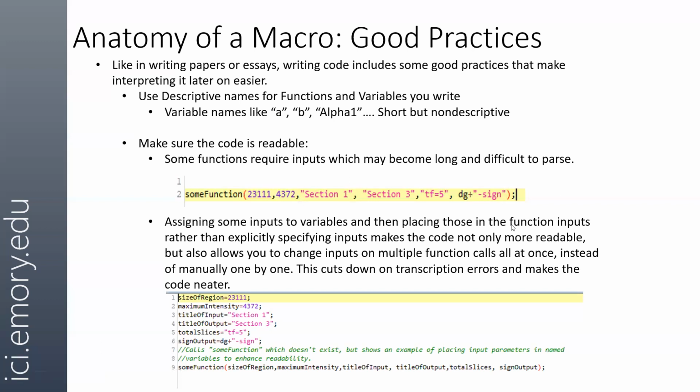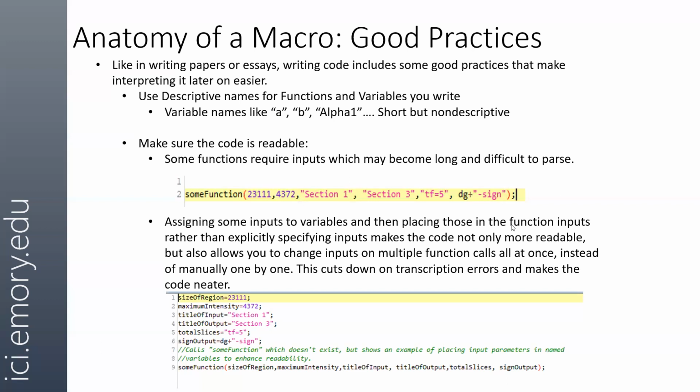And that introduces one, the danger that you will make a mistake in typing out the numbers, and two, that you might miss some instances where you've called the function and you may not have updated that data. And the result is you can get errors, or even worse, you won't get any errors, but the results will be questionable because you've missed something in the code, you've missed a change.